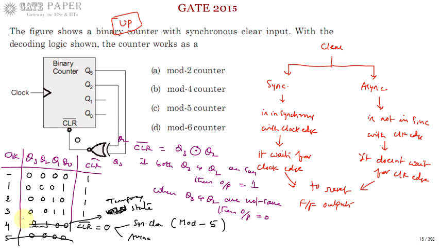It will go back to 0000 itself without waiting for the next clock edge. This state is not visible to us because it stays for a very small amount of time. So the states it goes through look like 0, 1, 2, 3, and again back to 0. So this is treated as a mod 4 counter. If the clear input is asynchronous, it is a mod 4 counter. If the clear input is synchronous, it is a mod 5 counter. So the right answer for this one is mod 5 counter. Thank you.